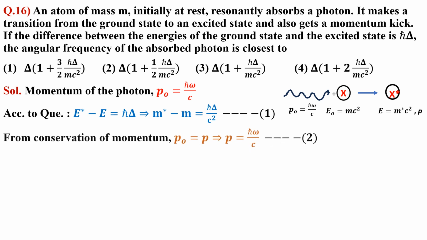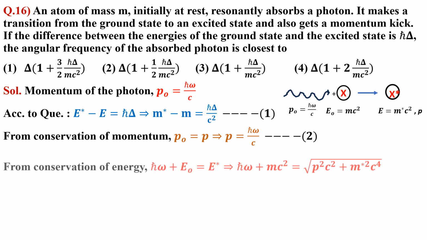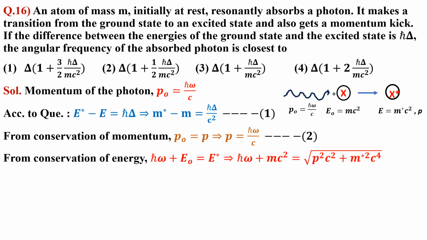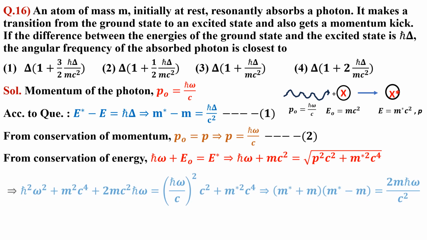From conservation of momentum, initial momentum equals final momentum, which tends to p equals ħω upon c. From conservation of energy, ħω plus E_0 equals E*, which tends to ħω plus mc² equals square root of p² c² plus m*² c⁴.